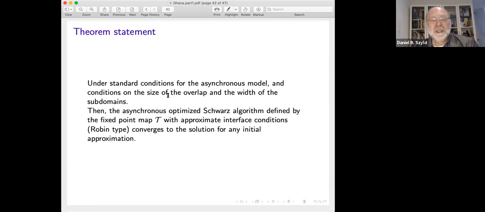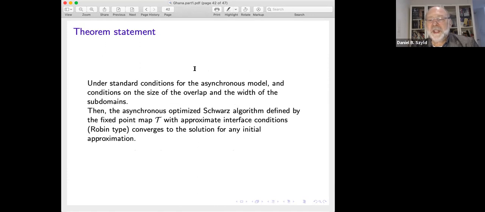And the theorem says that, under the standard conditions of the asynchronous model, the following restrictions: the conditions I read have been computed before I started, so you cannot read future information.